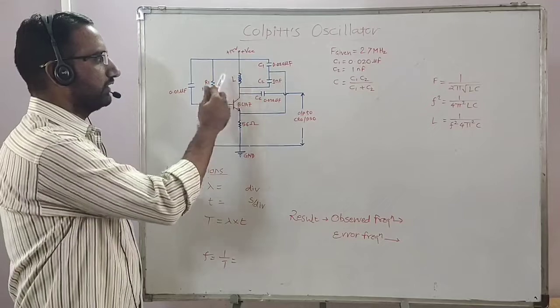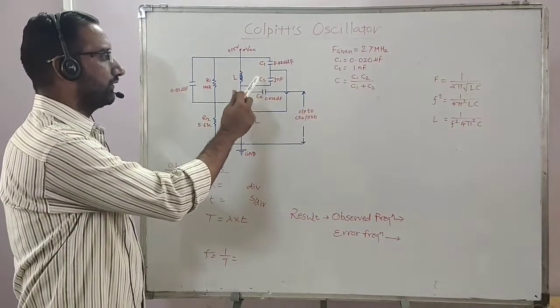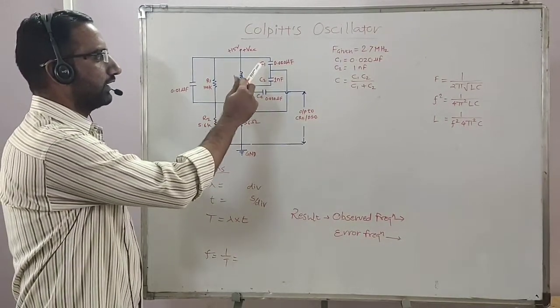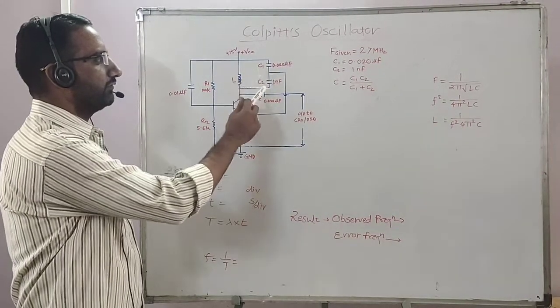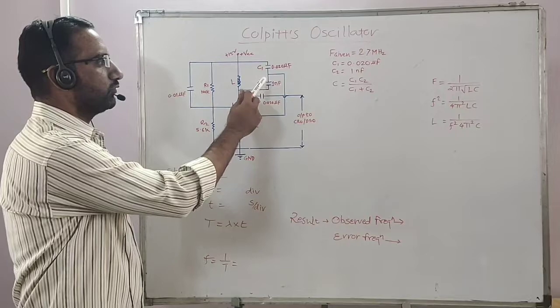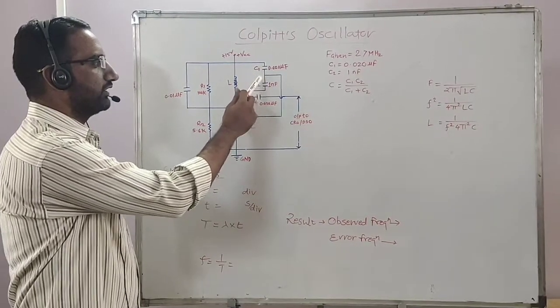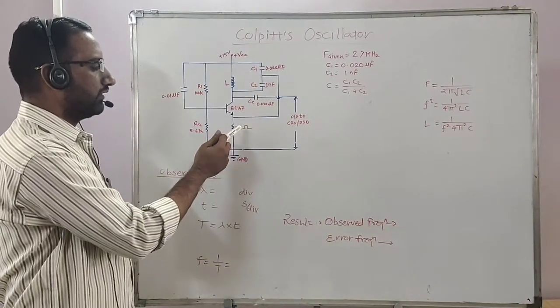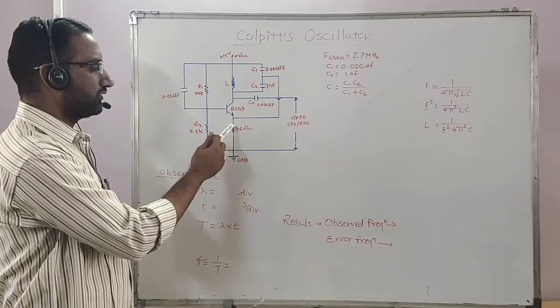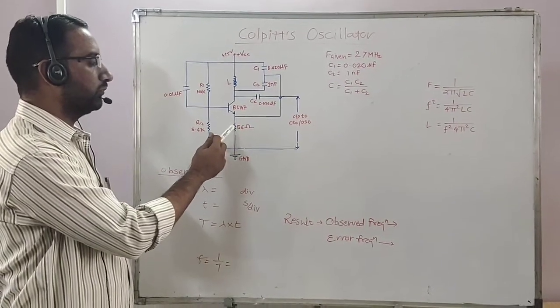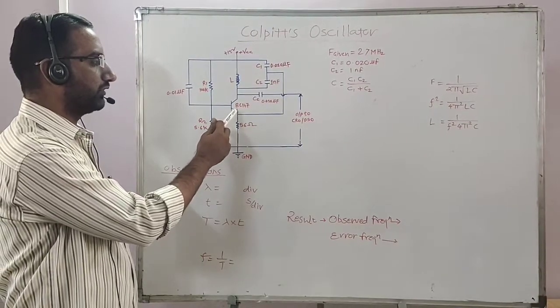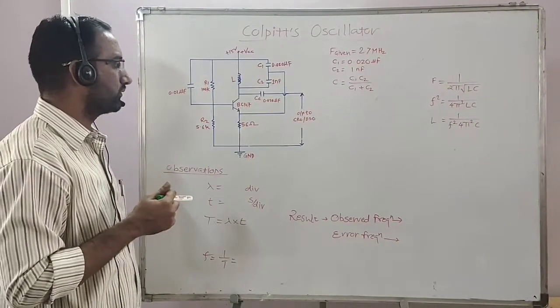The heart of the circuit is the LC tank, in which the inductor and capacitor are connected in parallel. But instead of one capacitor, we are using two capacitors in series, C1 and C2. There is one emitter resistor connected at the emitter with respect to ground. This is used to maintain the operating point in the active region for this transistor.